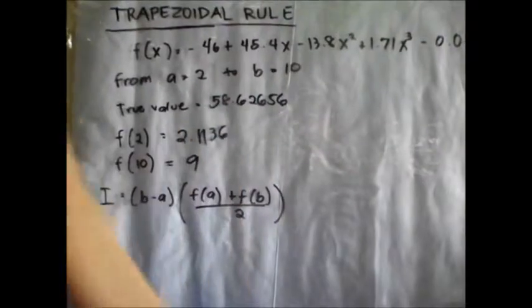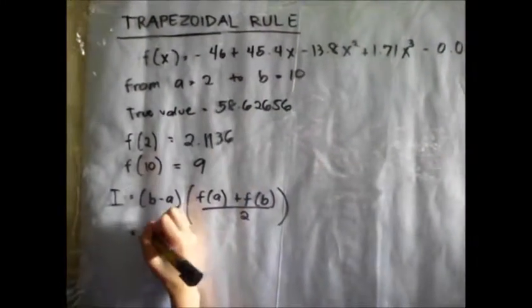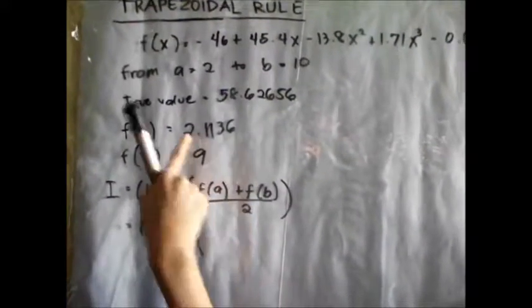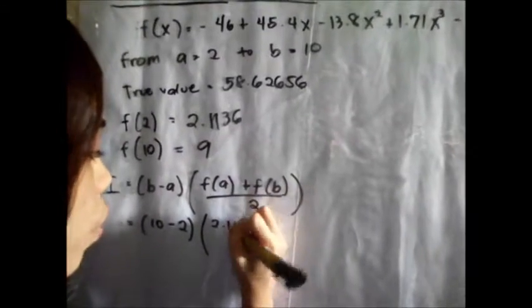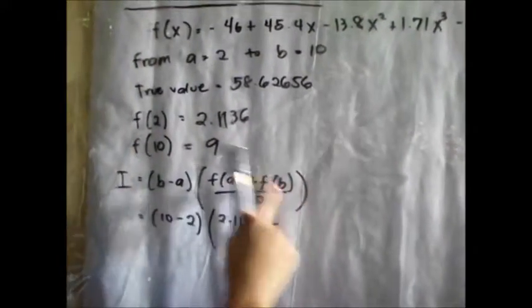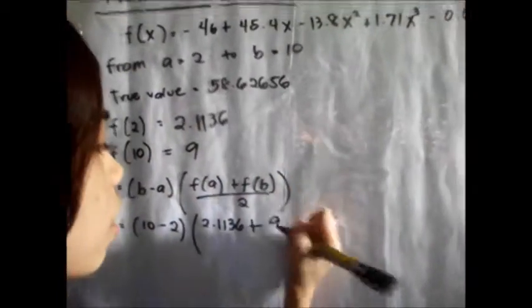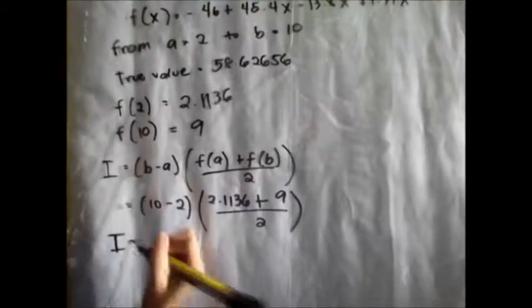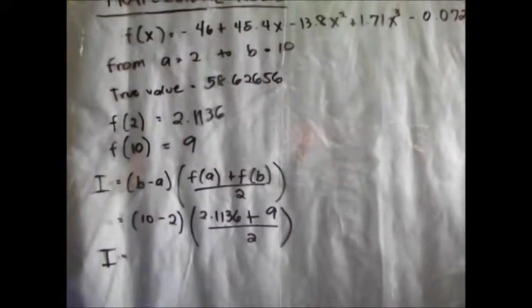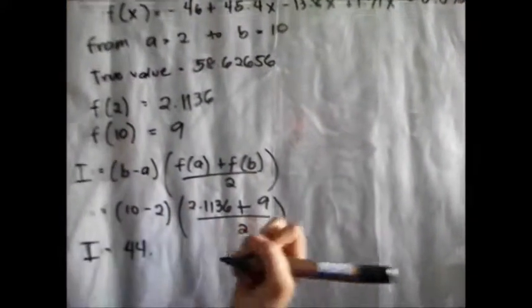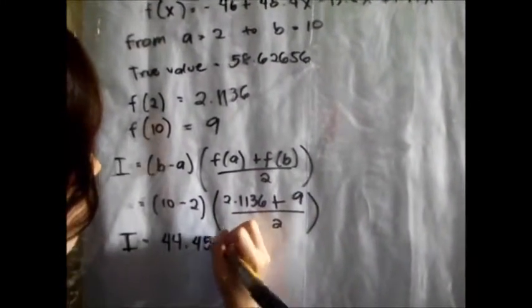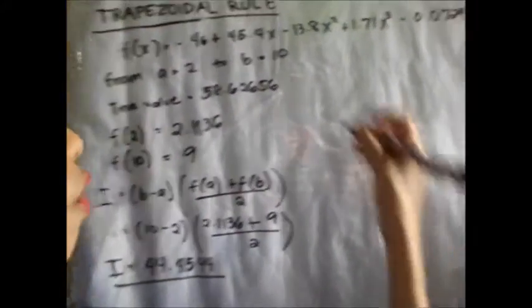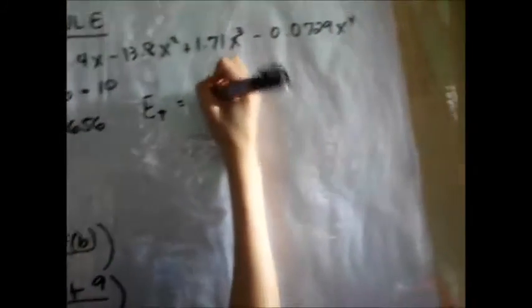Substituting, we have 10 minus 2, times 2.1136 plus f of 10, which is 9, all over 2. Therefore, the value of this trapezoidal rule is 44.4544.